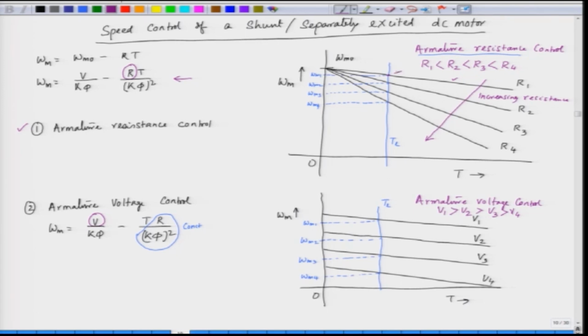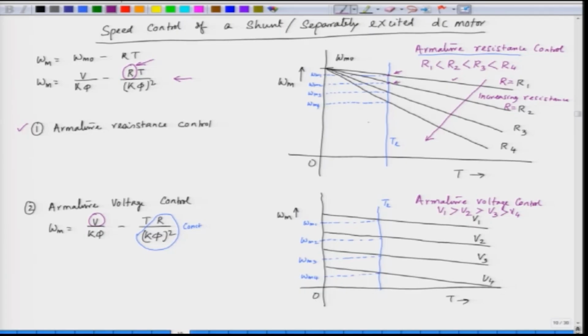This is the first operating point corresponding to the armature resistance R equal to R 1, and when we make R equal to R 2, the characteristic is the second one, and this intersection is at this point, and the corresponding speed is omega m 2.